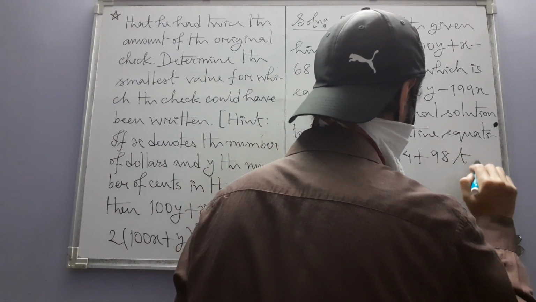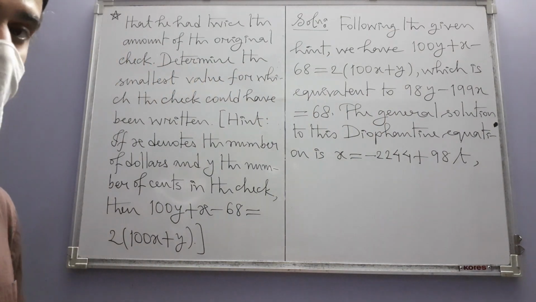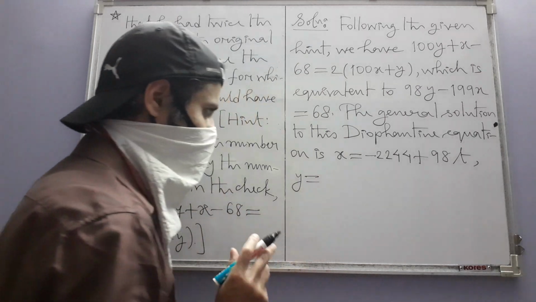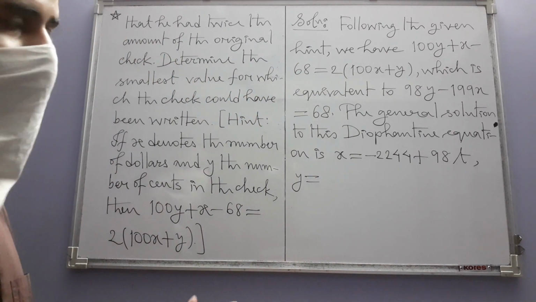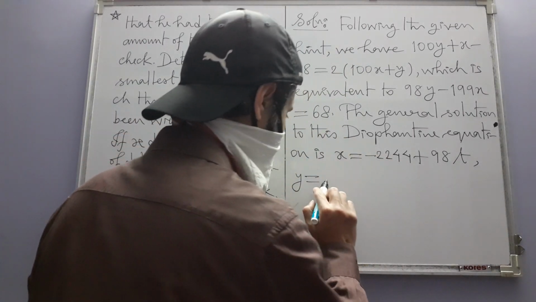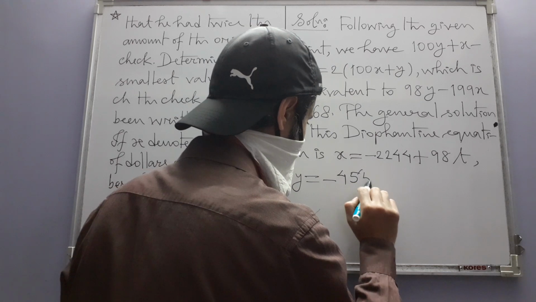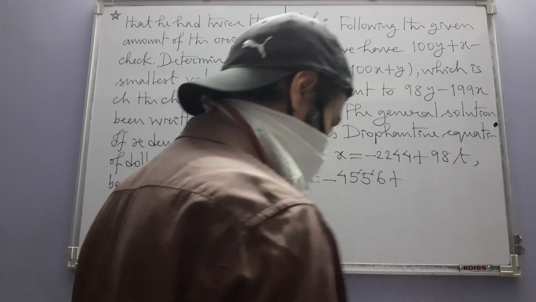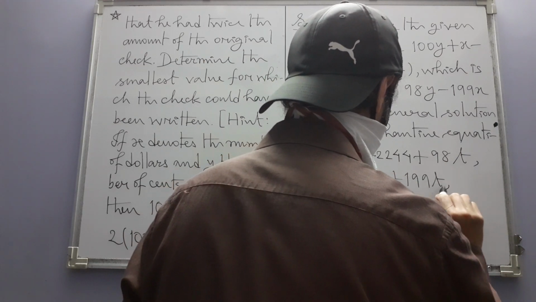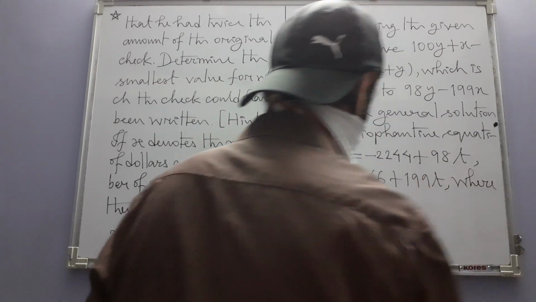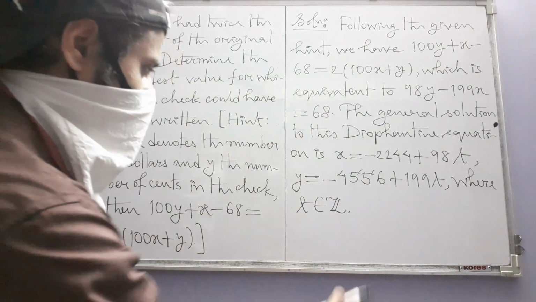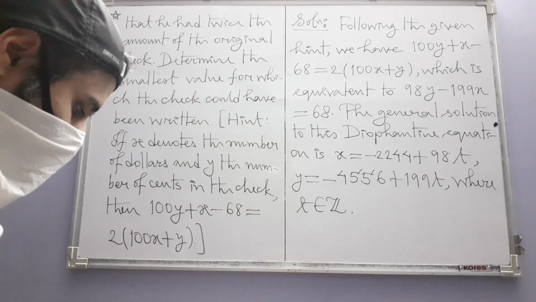And keep in mind that these are things you have to actually verify on your own and see that whatever I am writing is actually something correct and not simply nonsense. And the Y value is minus 4556 plus 199T, where T is any arbitrary integer. T is coming from the set of all integers.